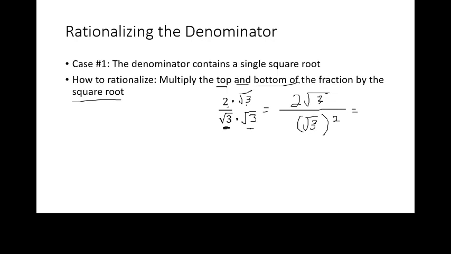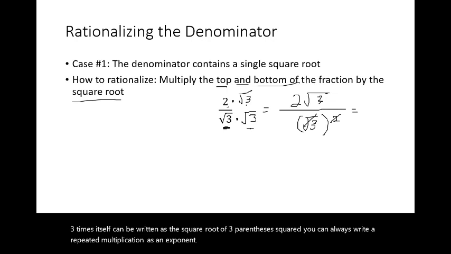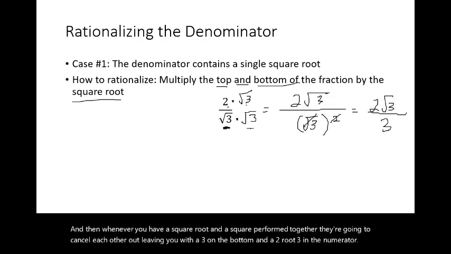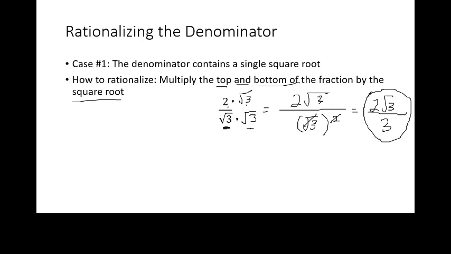And then, whenever you have a square root and a square performed together, they are going to cancel each other out, leaving you with a 3 on the bottom and a 2 root 3 in the numerator. Square roots in the numerator are completely okay. It's just square roots in the denominator are not. So since there are no more square roots in the denominator, this is now our final answer.